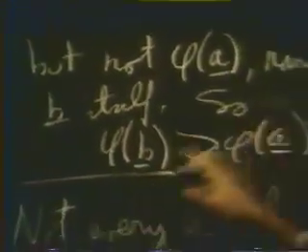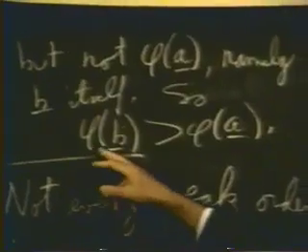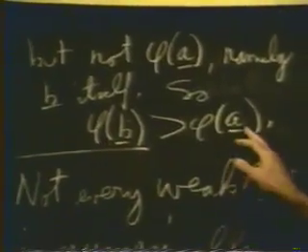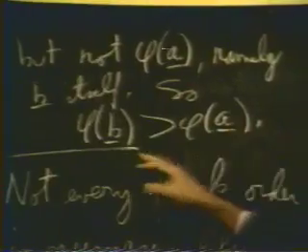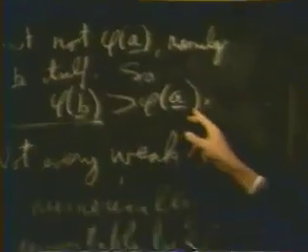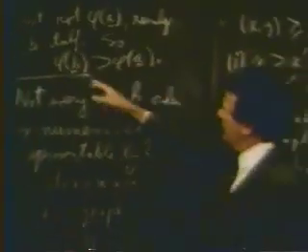And so, we have that the number assigned to B is strictly greater than the number assigned to A. And so, we've proved the other half of the if and only if condition. And that completes the proof of the first part of Theorem 1.1.